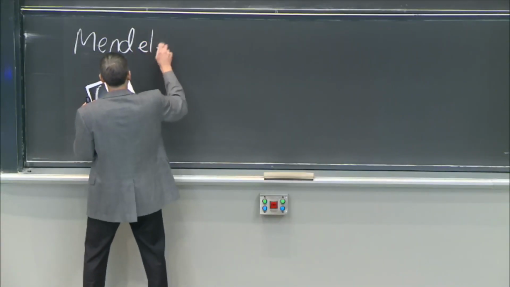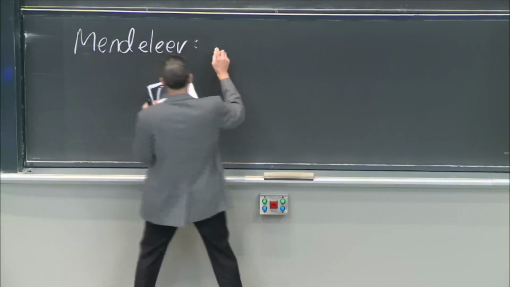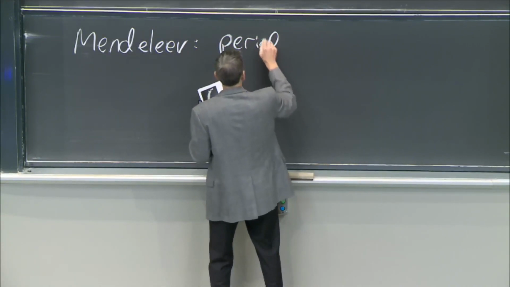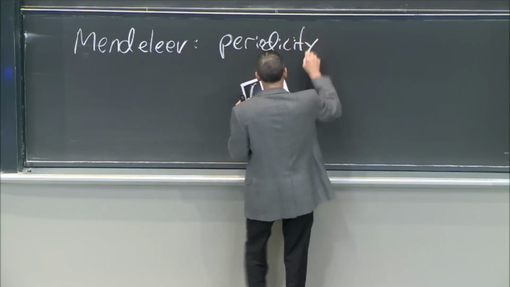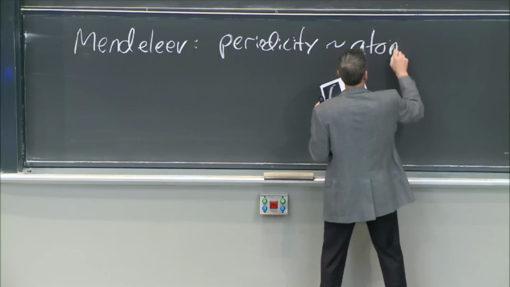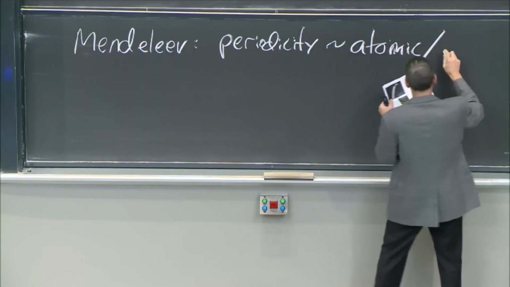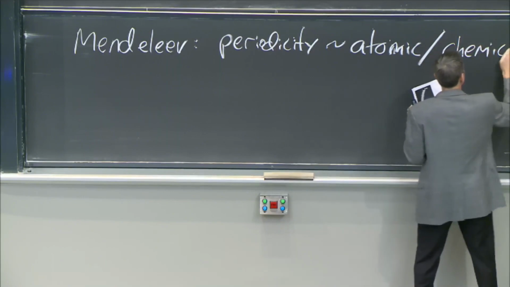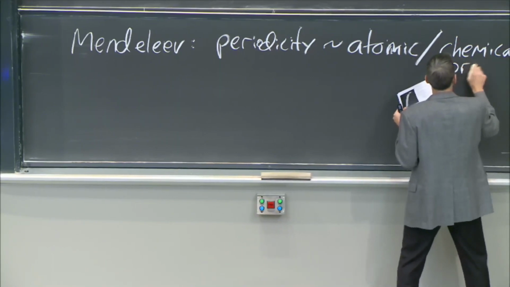Mendeleev had this sort of brilliant realization that the periodicity was related to both the atomic mass, and remember, we talked about this, and the chemical properties.